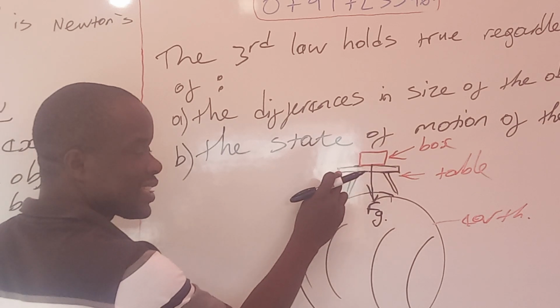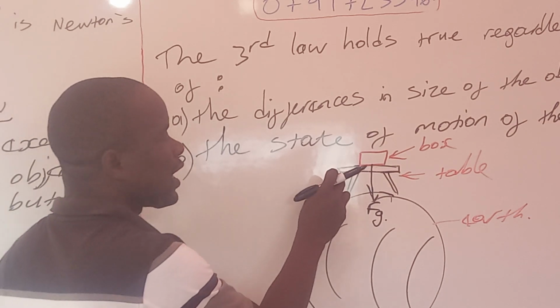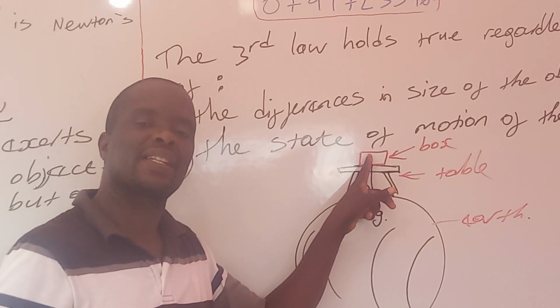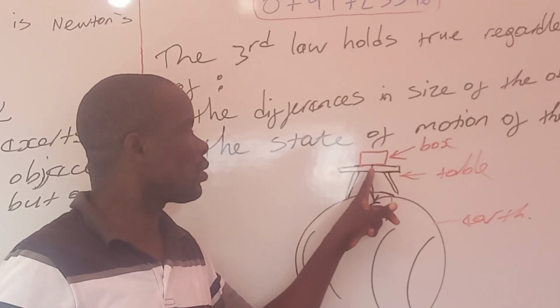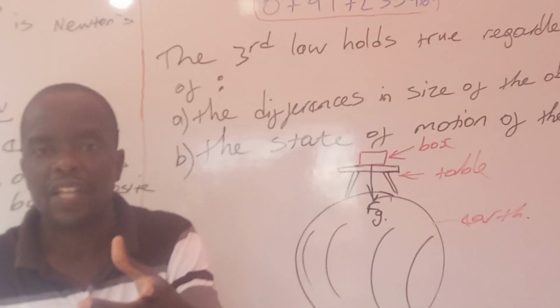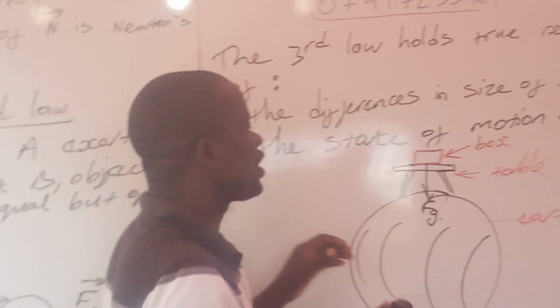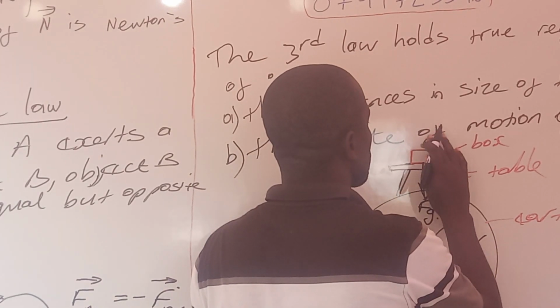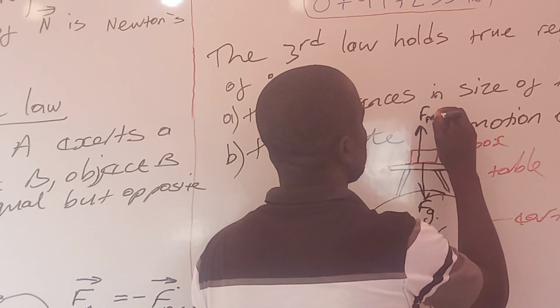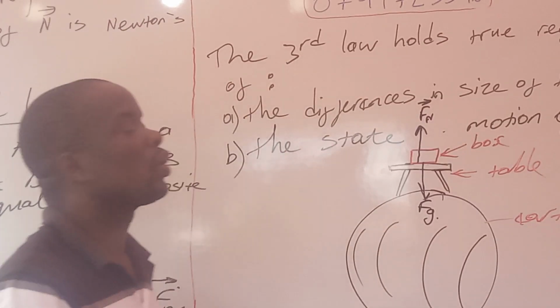But because this table is exerting a force on the box which is equal in size but opposite in direction, we have a name for that force. This is the one that we are calling our what? Our normal force.